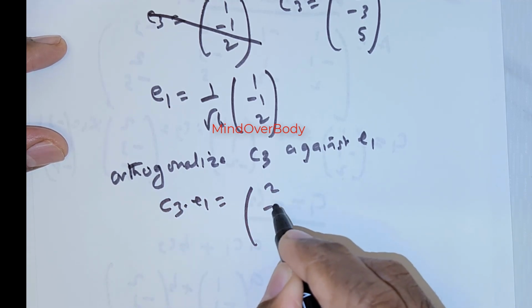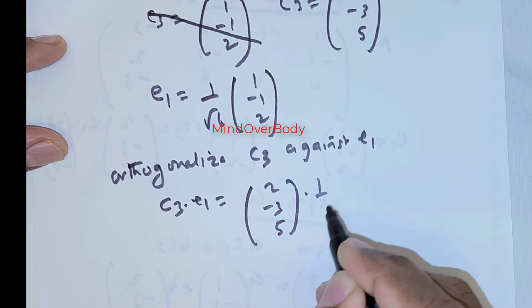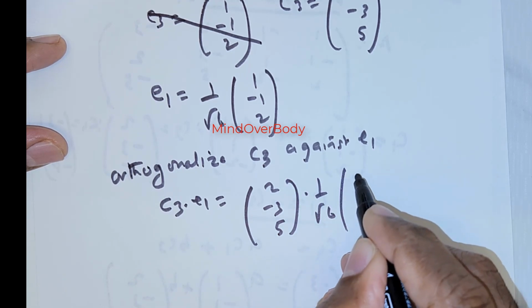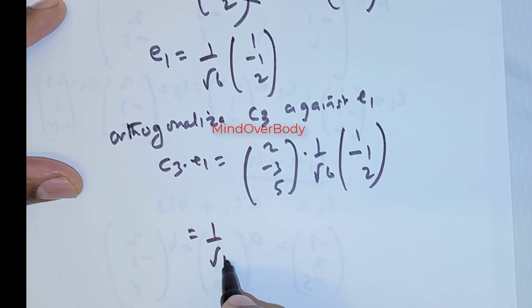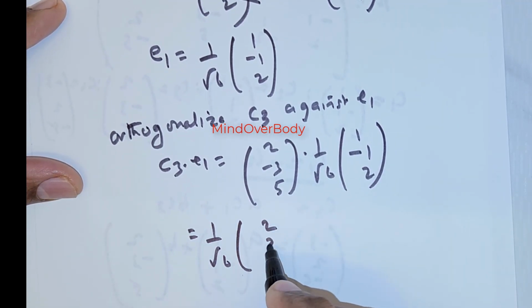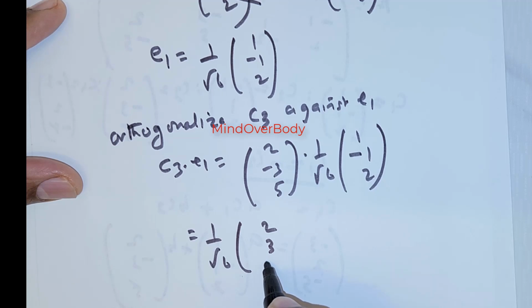That means 2, negative 3, 5 dot 1 over root of 6 times 1, negative 1 and 2. So this is equal to 1 over root 6 times 2, 3 and 2 times 5 is 10.